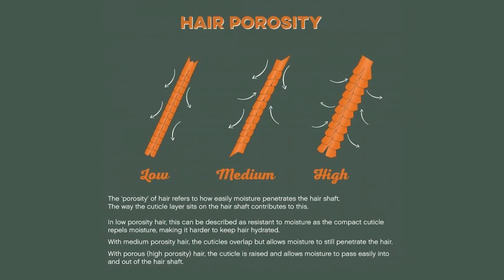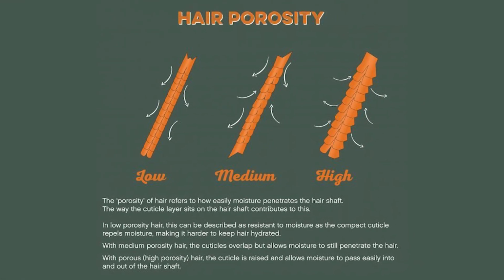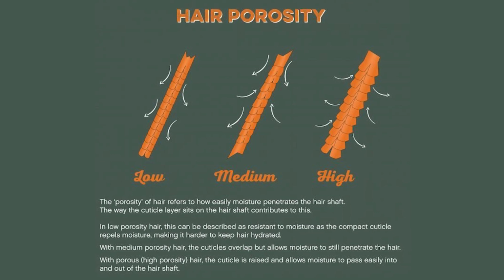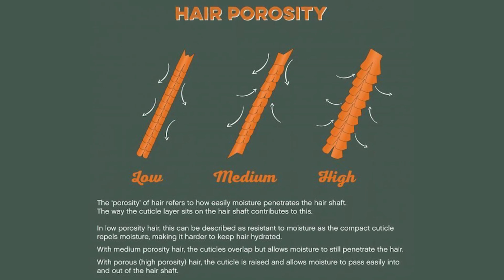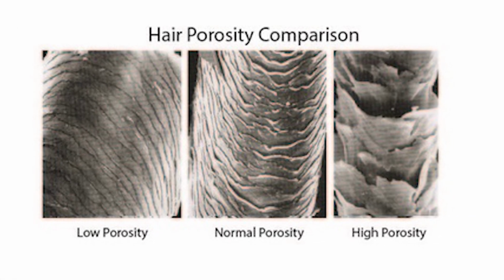High porosity means that the cuticles on your hair do not lay flat. There are holes, gaps in your cuticles. From what I've read, this can be genetic, but this is also really what damaged hair looks like. And with low porosity hair, the cuticles are sealed shut, so nothing is going to come in and nothing is going to come out.